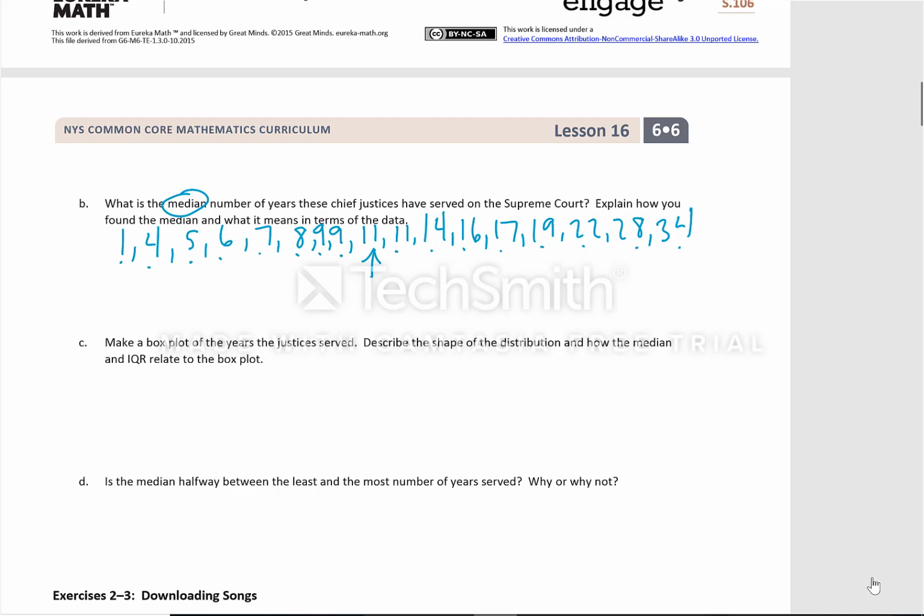And if I check, I'll have the same number on the left as I do on the right. So I have 1, 2, 3, 4, 5, 6, 7, 8 data points on the left, and 1, 2, 3, 4, 5, 6, 7, 8 data points on the right. All right, so my median is 11 years. And I'm going to label that.